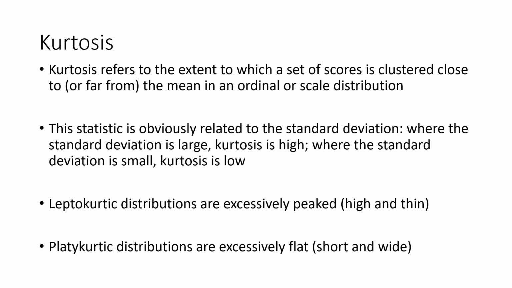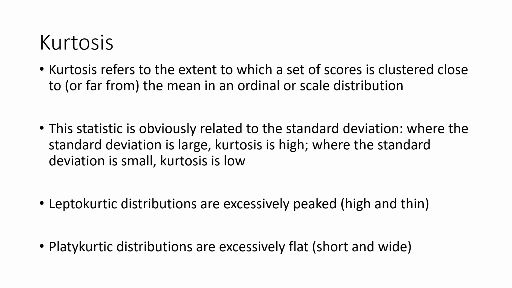So try and visualize for a moment what that distribution might look like, right? Now, it should be obvious to you based on what you've learned about the standard deviation in the previous lecture that this concept of kurtosis is related closely to the spread or the variability of scores. So where there is a high standard deviation, where the amount of variation in scores is high, then kurtosis is high.